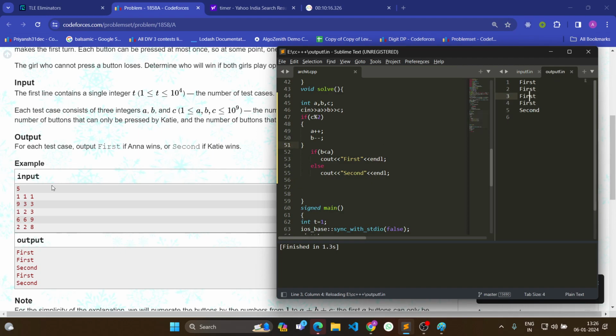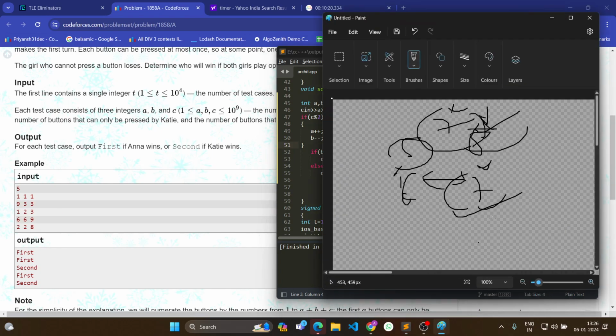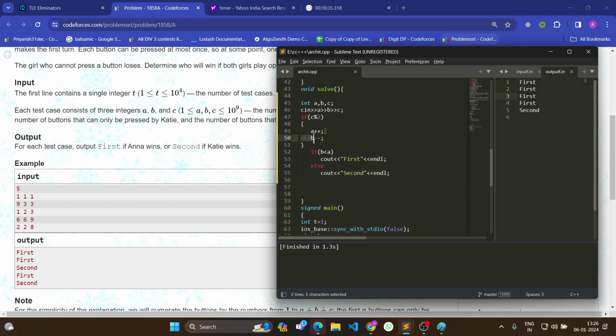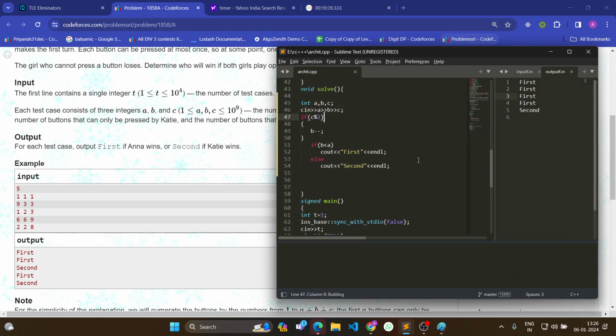Okay, first, and then here it should be second. Why second? So she has an odd number of buttons. Okay, 1, 2, and 3. So now it's Katie's turn, no? Anna's already pressed this button, so now it's Katie's turn. So it would just get decreased by 1. Yeah, this won't happen. Okay, I think this is correct.